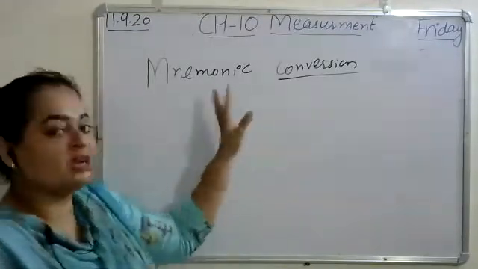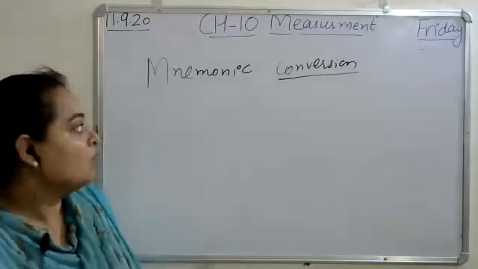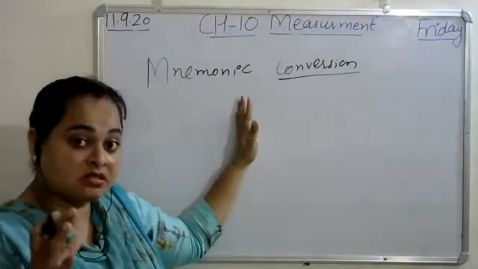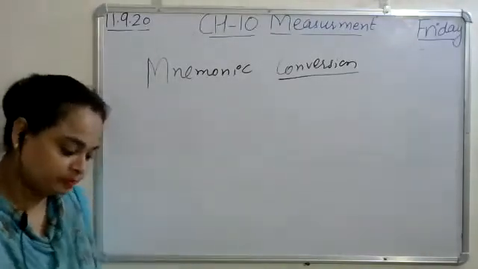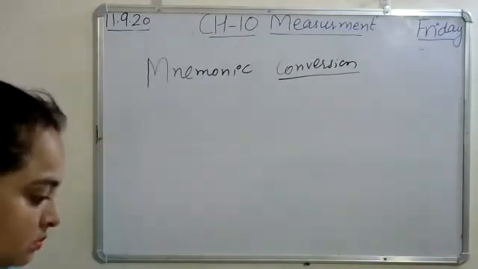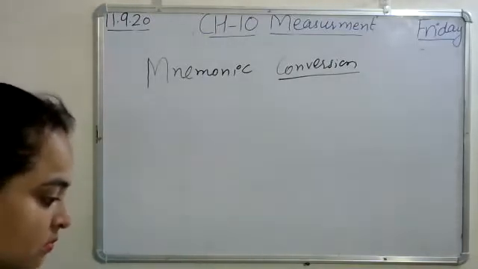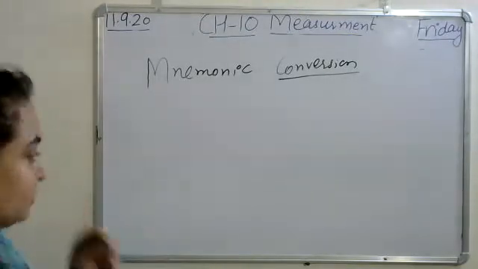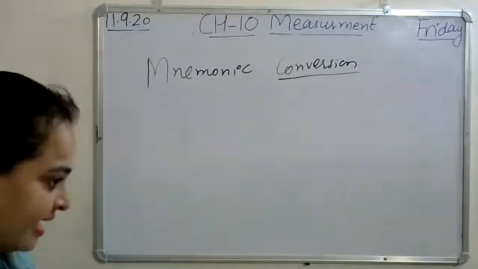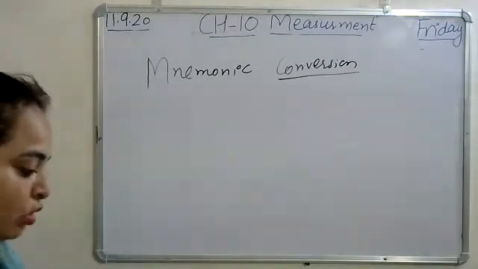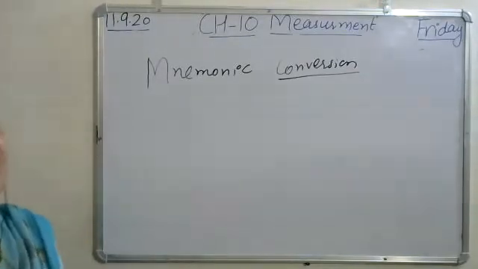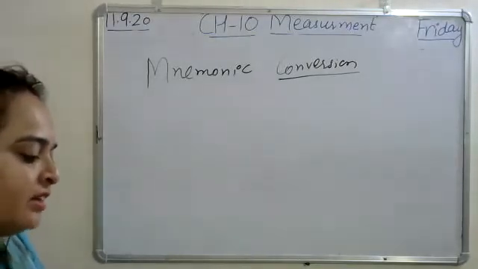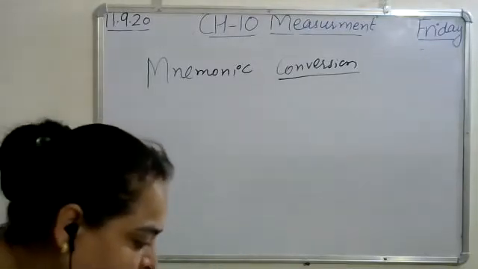Which mnemonic helps us to make our sum easy? Ma'am, the one you taught at the start. Tell me. King Henry died, mother didn't cry much. Very good. So King Harry or Henry, both are correct. King Harry died, mother didn't cry much. Very good. Well done.